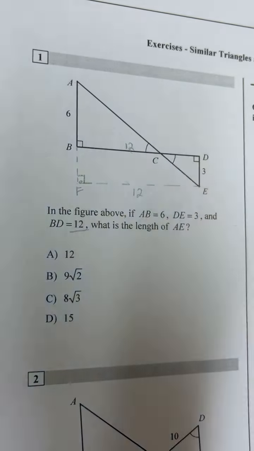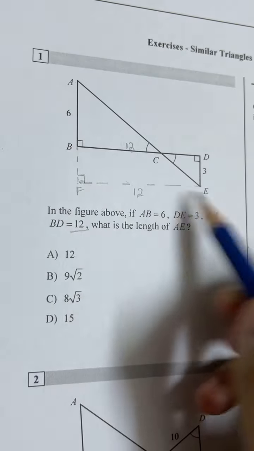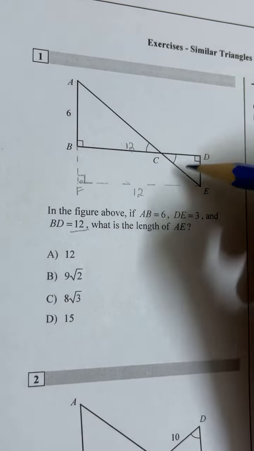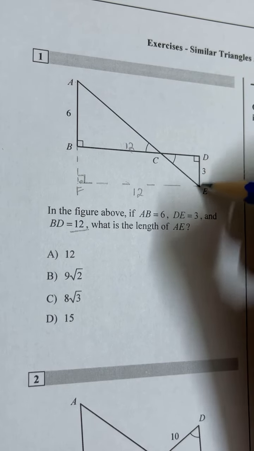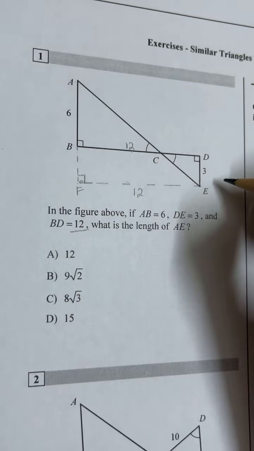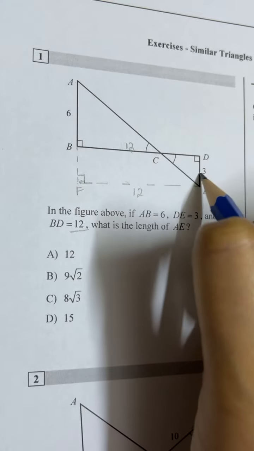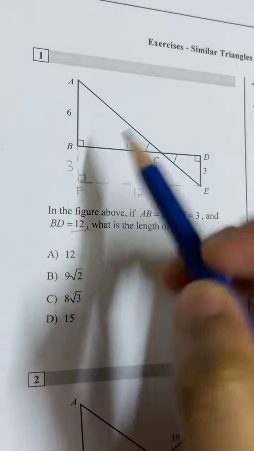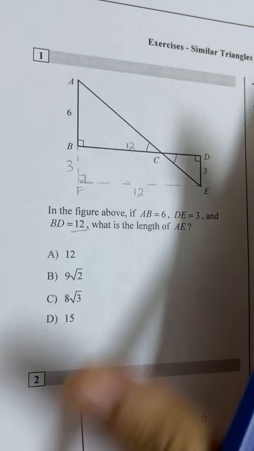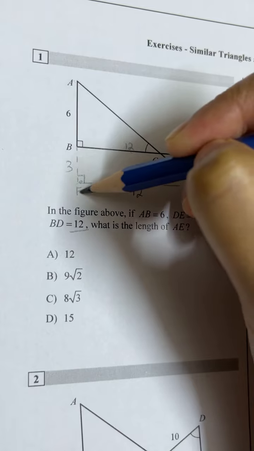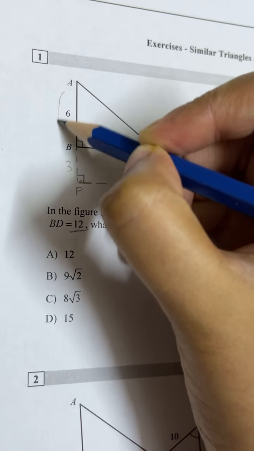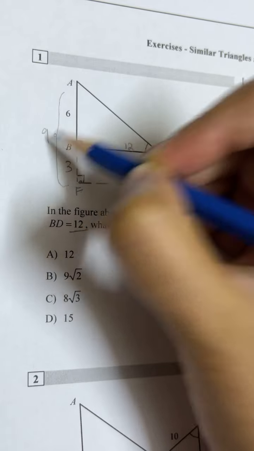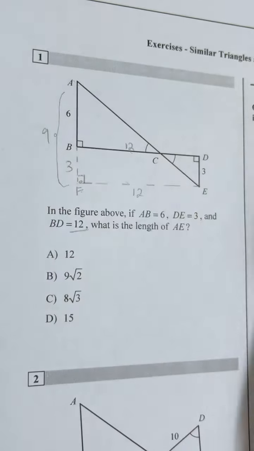And DE and BF are parallel to each other, so they are equal. If this is 3, this is also 3. So you've equated some sides. Now, what will be AF? The total of AF would be 6 plus 3, that's equal to 9. So total AF is 9.